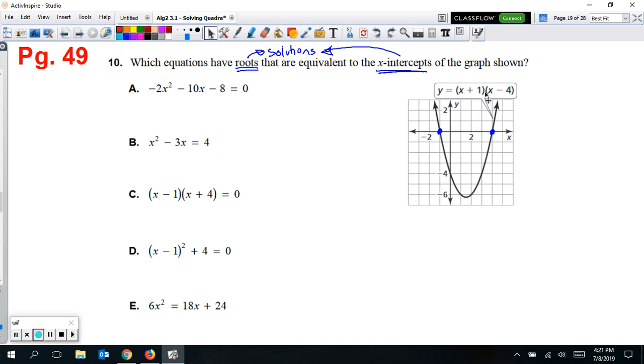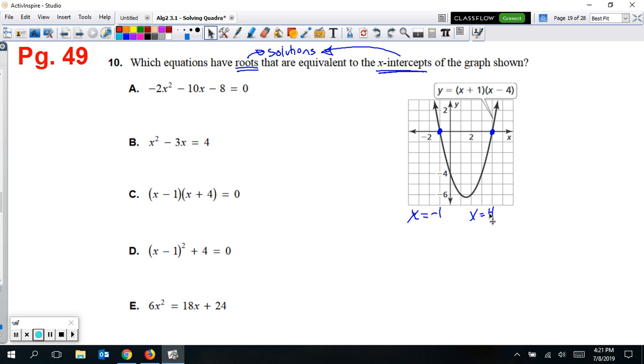You can see it's even got the equation up here, y equals (x plus 1)(x minus 4). You're going to set each one equal to 0. This is going to be -1. You're going to add 4 here and get +4. So our solutions are -1 and 4. So which of these, A through E, there might be more than one, are going to have the same solutions of -1 and +4.